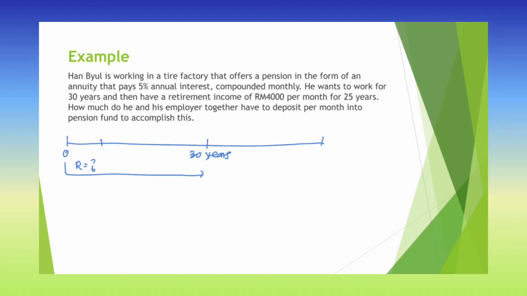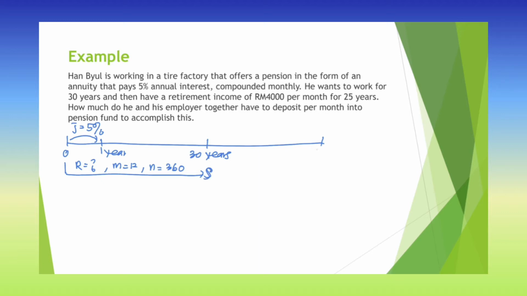For 1 year, the interest J equal to 5% and the interest is compounded monthly. So M equal to 12. Therefore, N equal to 360. So the accumulated amount for 30 years is S.